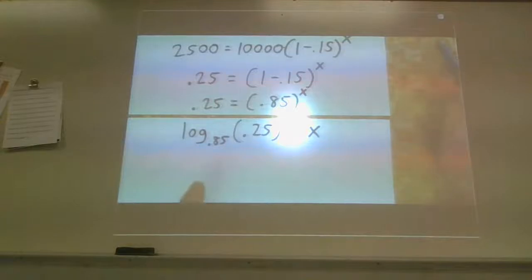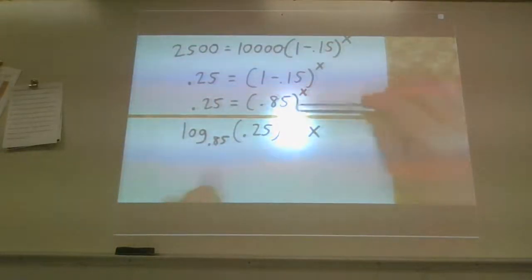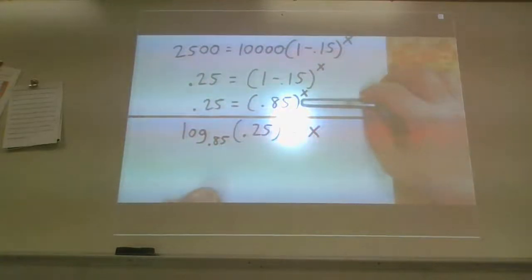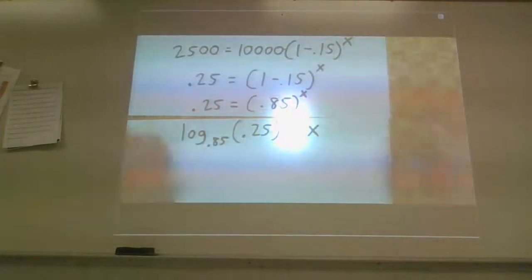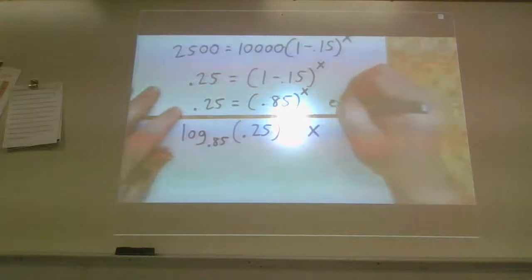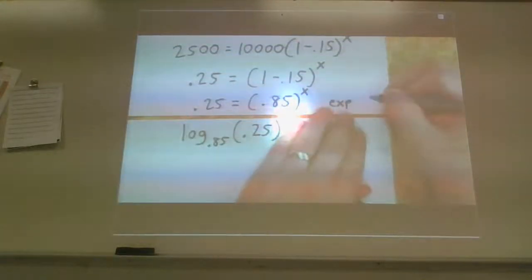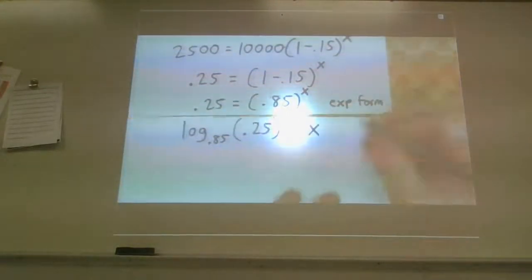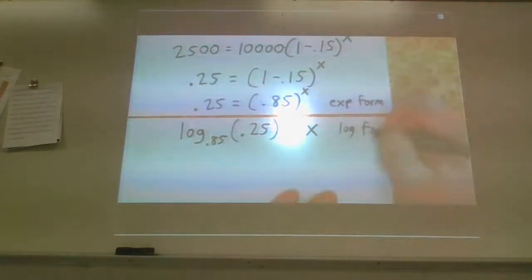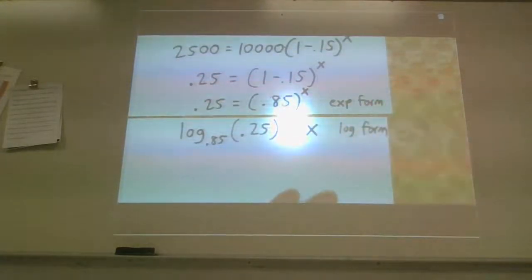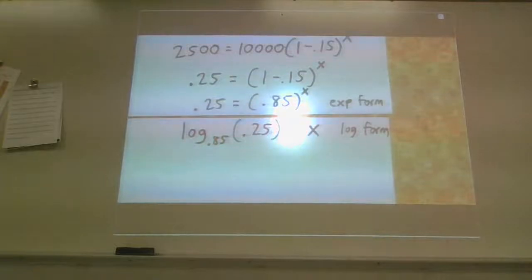The base on the logarithm, the little subscript, is the same base that is on the exponential. As a side note, this is exponential form, and this is log form. What I have at the bottom of the first page is exponential form, and on the top of the next page is log form.